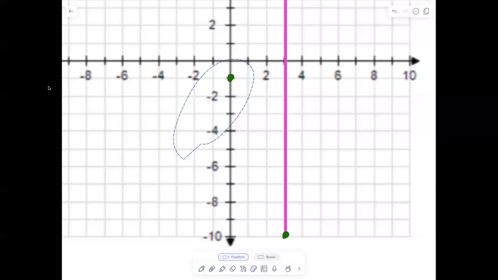Look, how many units am I away? 1, 2, 3 units away. Therefore, I must count to what? 1, 2, 3 over here. Anybody have any issues with that?